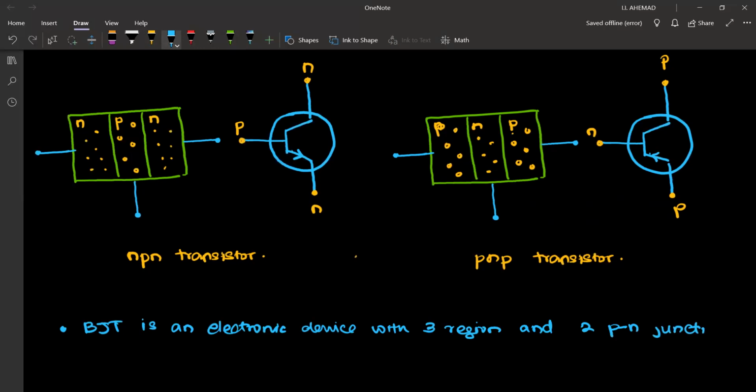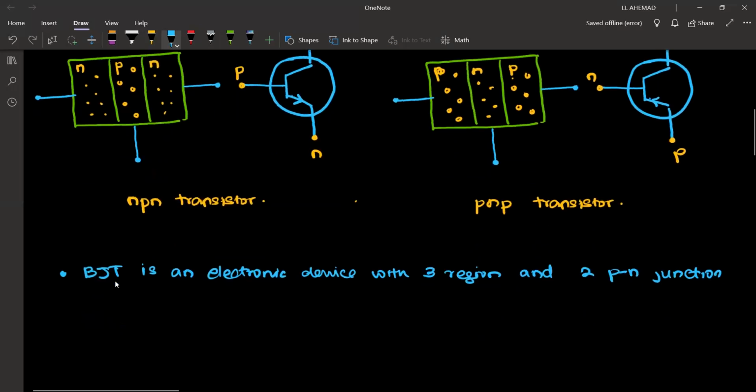So in a junction diode, we only had 1 PN junction. Here we have 2 PN junctions. The regions are base, collector, and emitter.